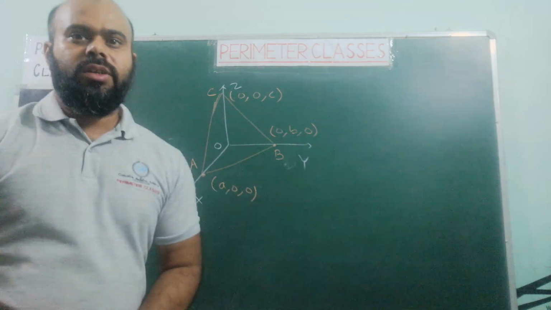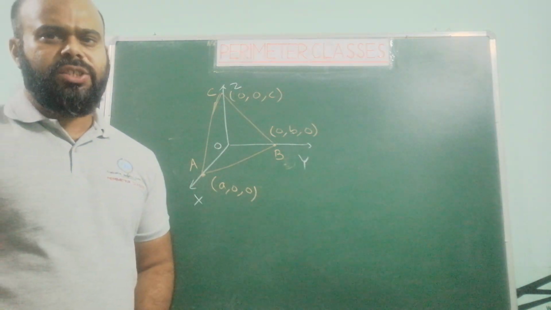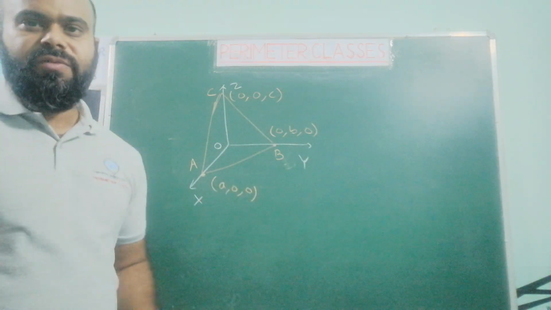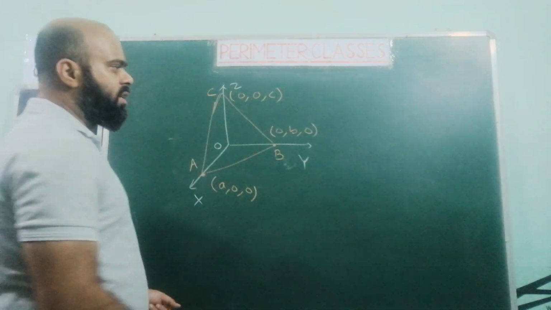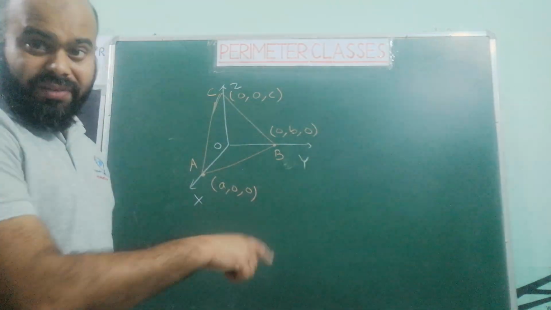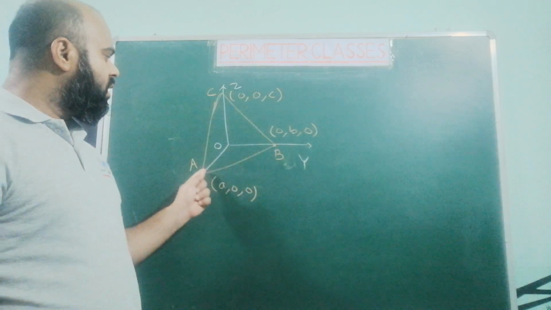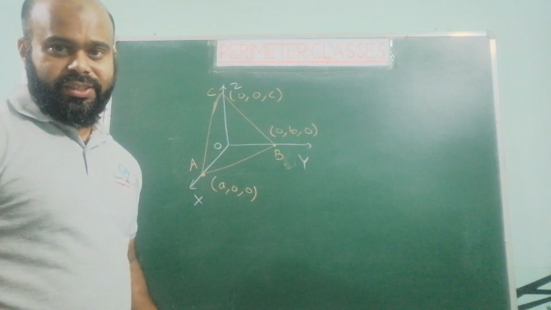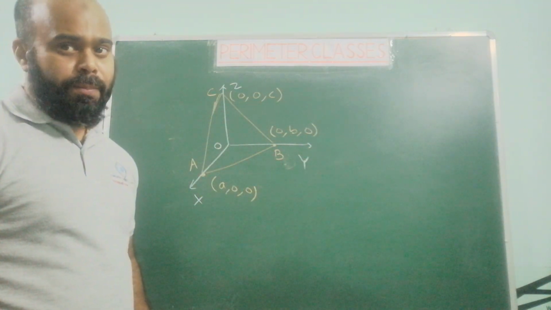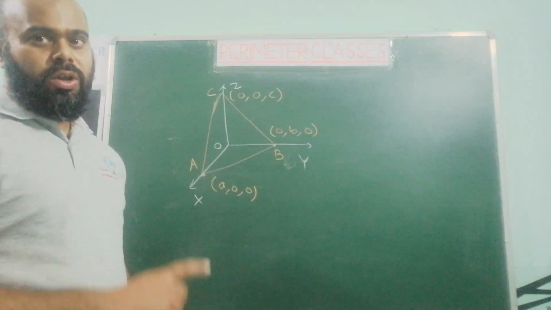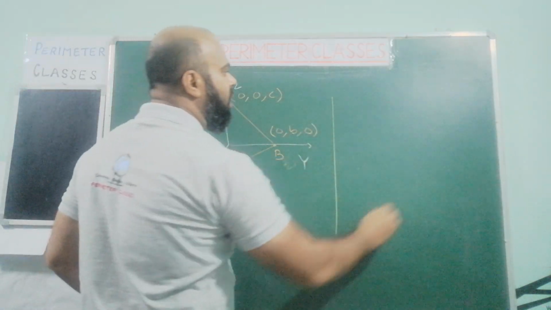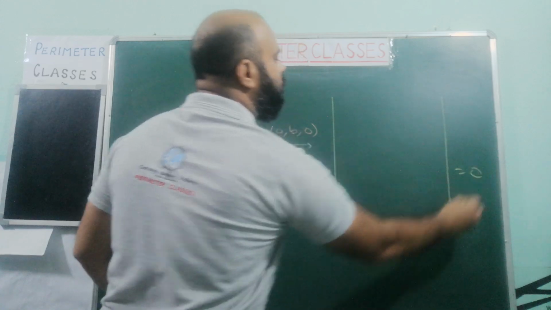Now if we want to find the equation of the plane with the help of this, one method is, as we studied in the previous lecture, to use three non-collinear points lying on the plane. Using that concept, we remember we studied a determinant equal to 0.